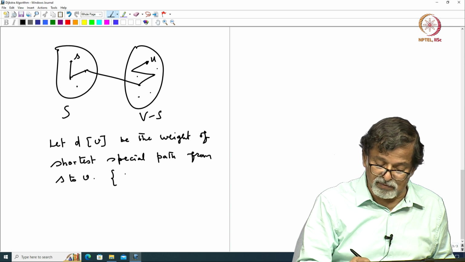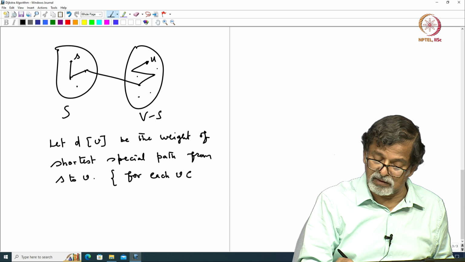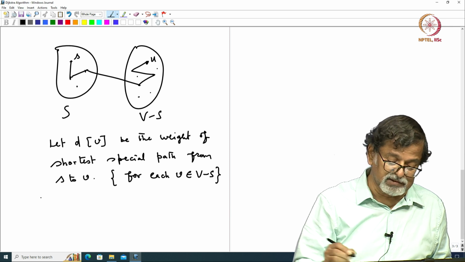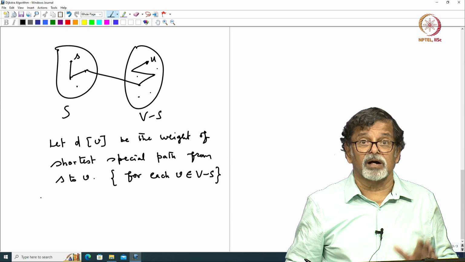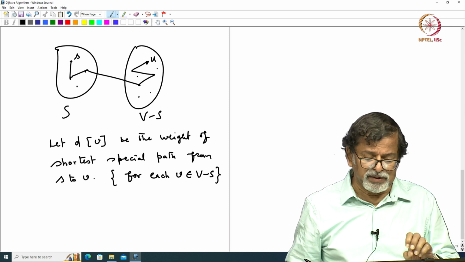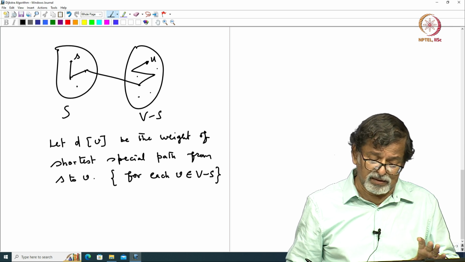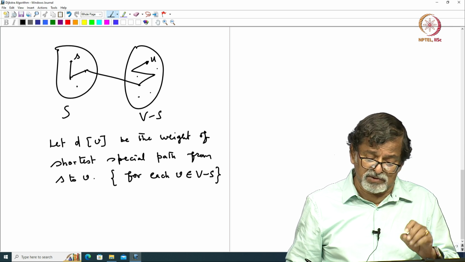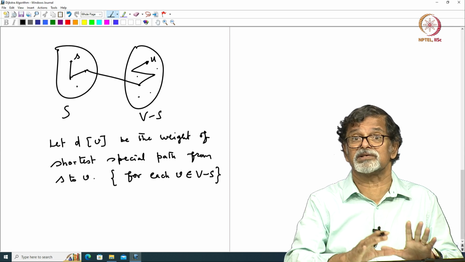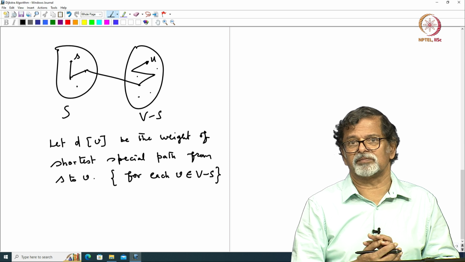This is for each V belonging to V minus S. We maintain this information. How we generate this information we will see, but assume that I have d of V, the weight of the shortest special path from S to V, available. Assume that these numbers are all available.